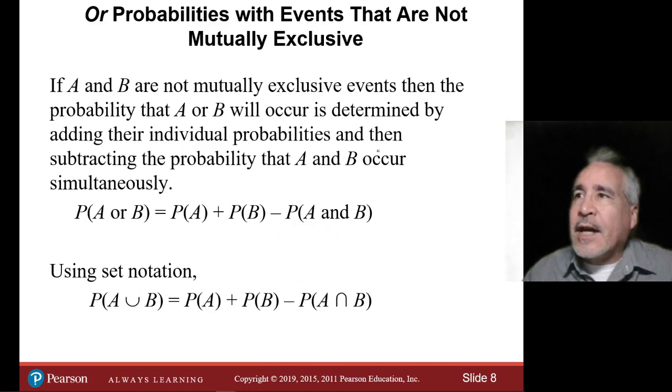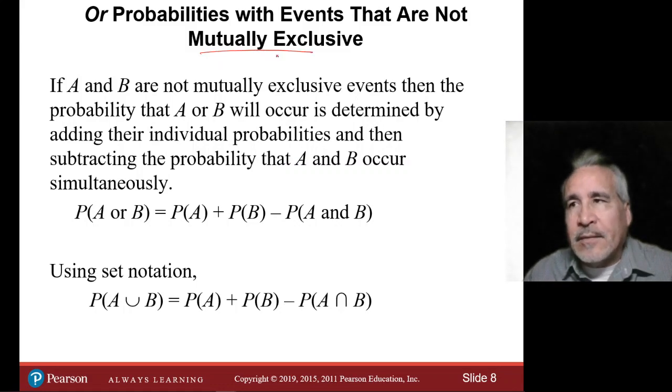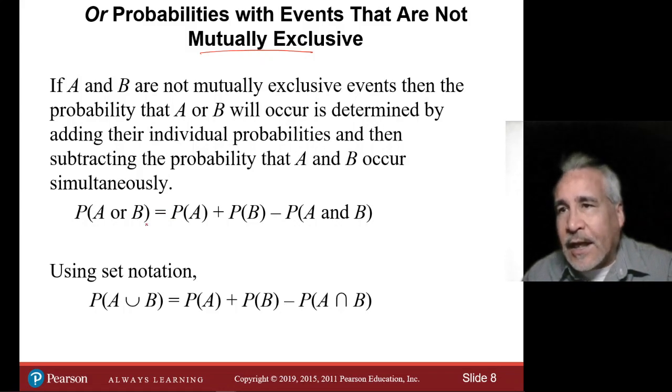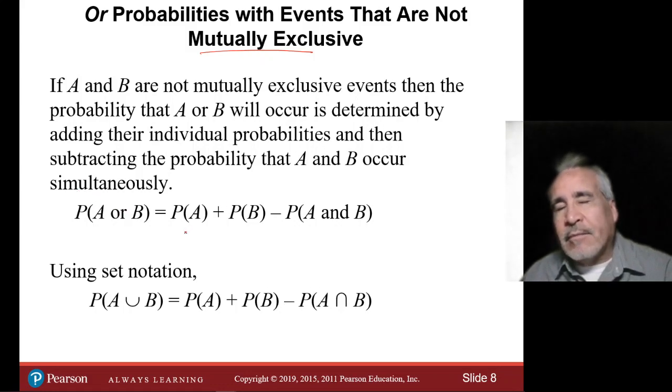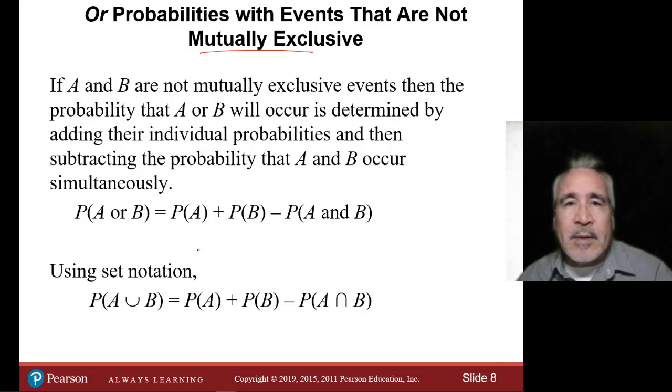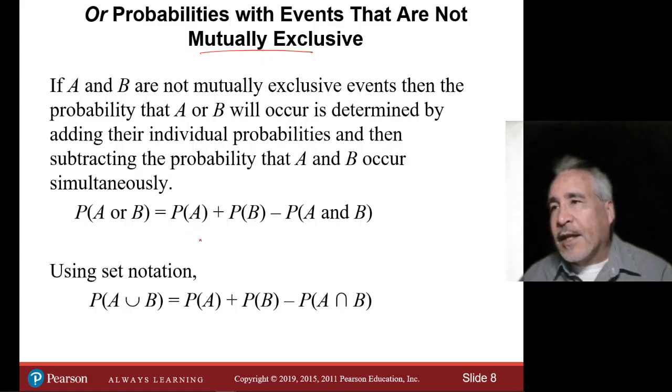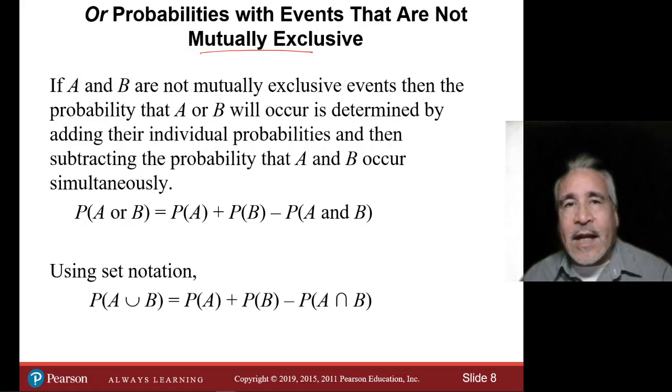Now, with events that are not mutually exclusive, let's look at what that would mean. They're not mutually exclusive if they could both occur together. So we'll go to a deck of cards. It might be like, what's the probability of drawing a club, and then what's the probability of drawing a jack.